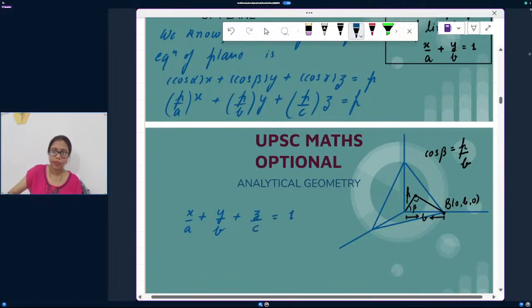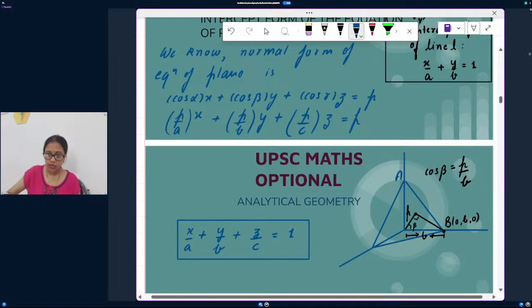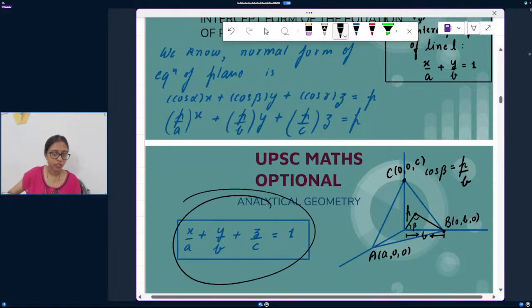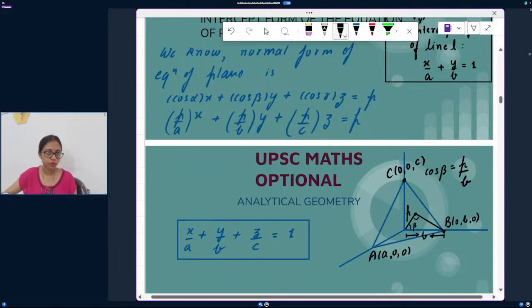What were the given things here? Given things were A, which is A comma 0 comma 0, B which is 0 comma B comma 0, and C which is 0 comma 0 comma small c. These are the intercepts on x, y, z. So using that A, B, C, you have to end up with the relation of x, y, z, and here we have the relation.